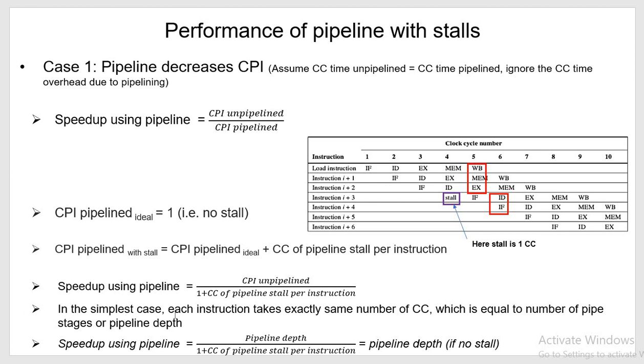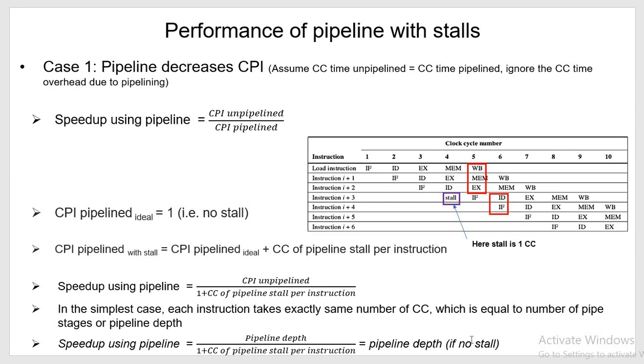So in the simplest case, we consider that each instruction takes exactly the same number of CC, which is equal to the number of pipeline stages or pipeline depth. Then the speed up using pipeline with the stall will become pipeline depth upon 1 plus CC of pipeline stall per instruction.